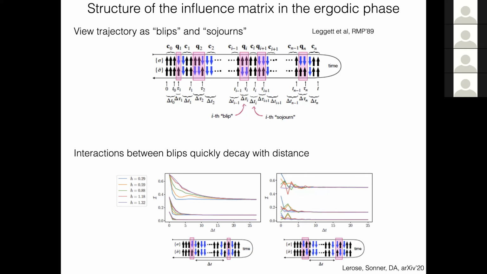The pink regions are blips, and the other regions are sojourns. What you find is that this gas of blips has very quickly decaying interactions between them. Here you see several examples at non-integrable points, and you can see that the interactions between the blips quickly decay with distance.